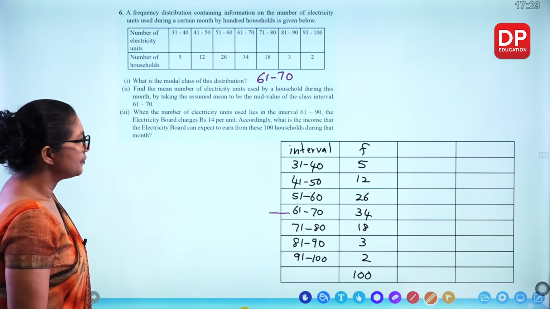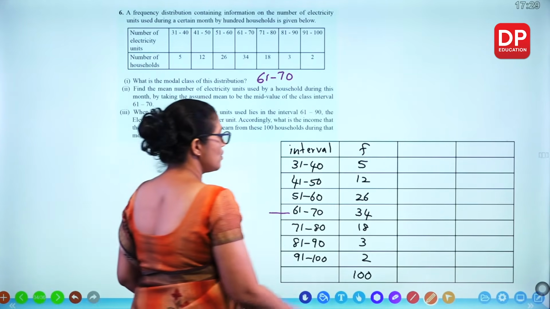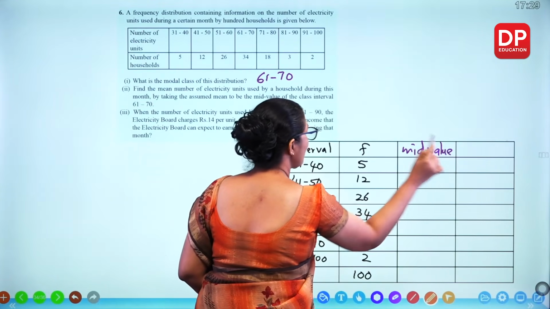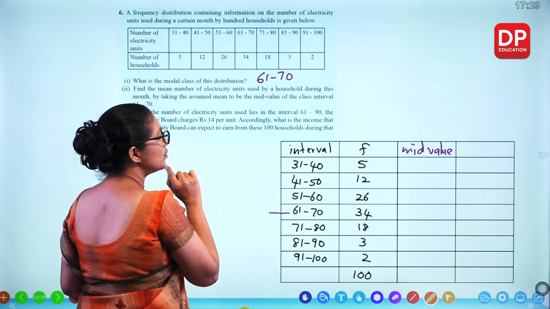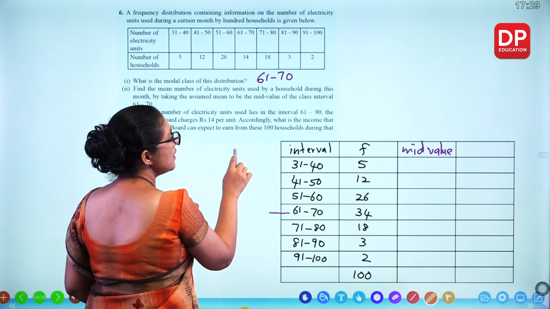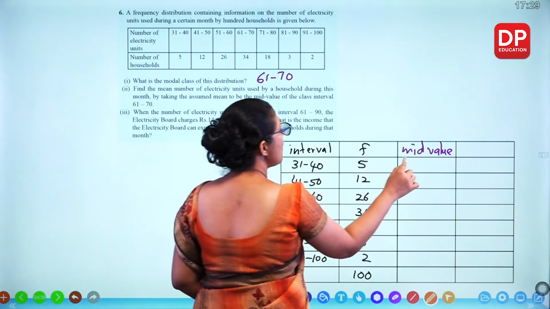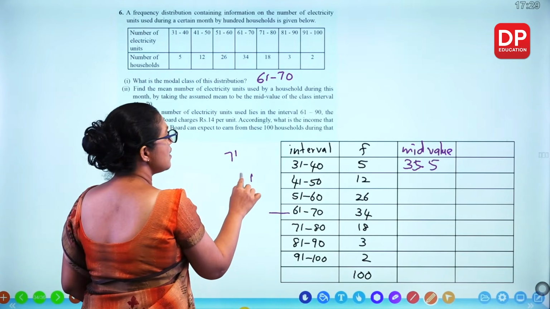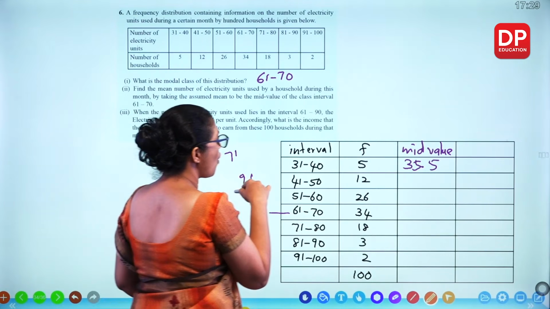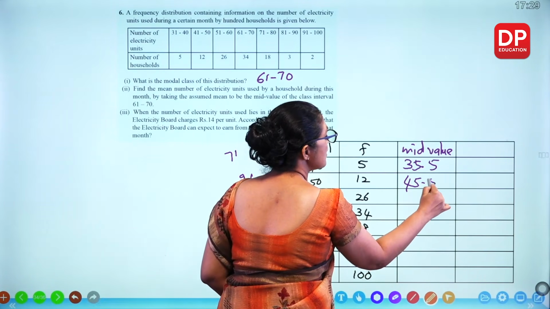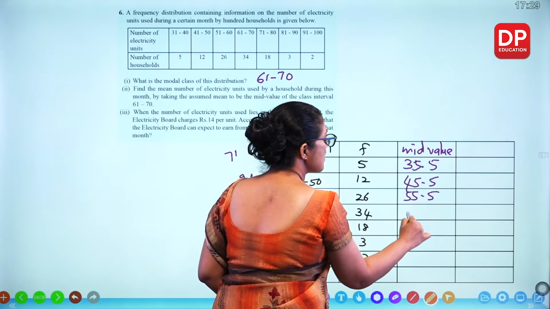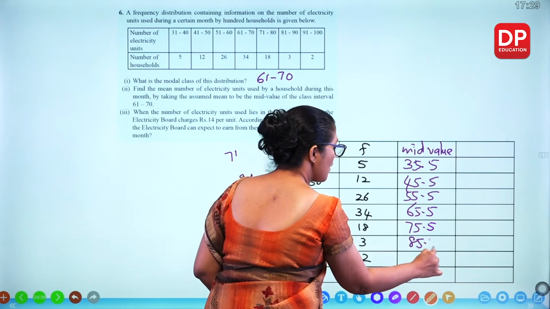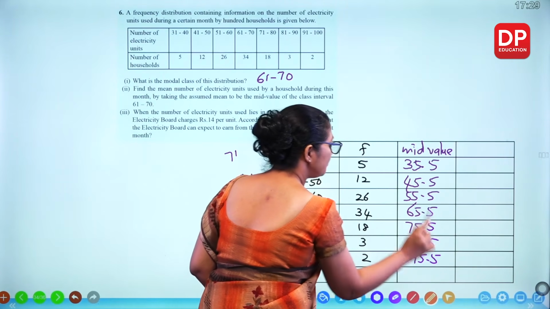Now we'll see how to find the mean value. Take the mid-value first. Add and divide by 2. So 31 and 40, 71 divided by 2, 35.5. This one, 91 divided by 2, 45.5. So this is 55.5, 65.5, 75.5, 85.5, 95.5.